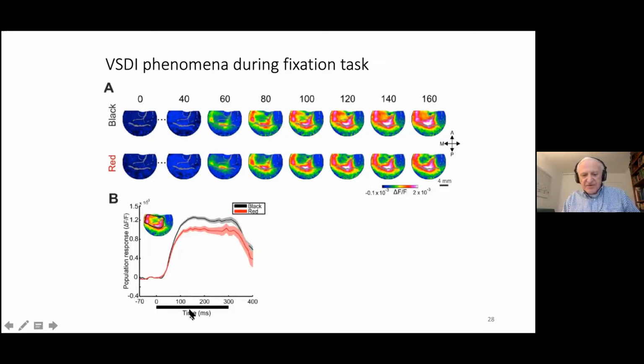The stimulus is shown for 300 milliseconds, indicated by the black bar. And you can see that there's a heightened response where it's red, and where it's white is a very heightened response. And where it's greenish and bluish there's less response. That's a lower response. This is the color scale of how much the fluorescence changed with time.